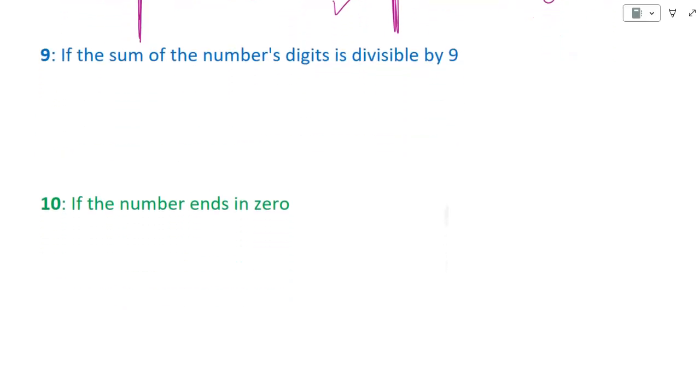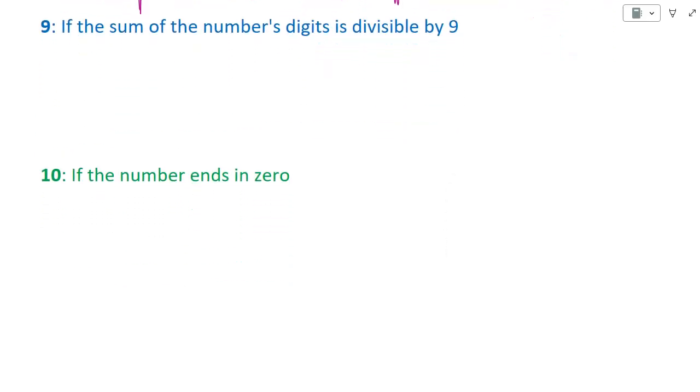Last couple examples. I'm going to breeze through them because I'm running out of time. 9 is the exact same rule as 3, except the digits have to divide by 9. So that's really it. We'll do an easy one. 36. 3 plus 6 equals 9. That will divide by 9. Pretty simple.